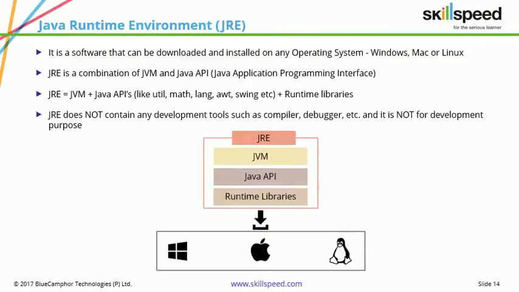JRE will not contain any development tools like the compiler or debugger, and it is also not for development purpose, which means you can have JRE in any of the machines, but JRE will not produce any Java code separately. It will take any Java code and execute that code.